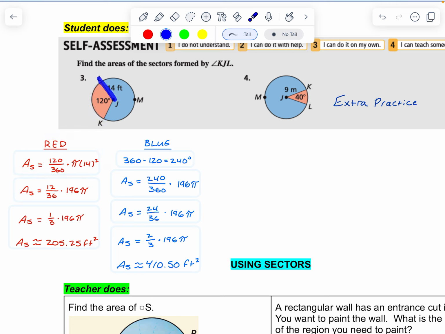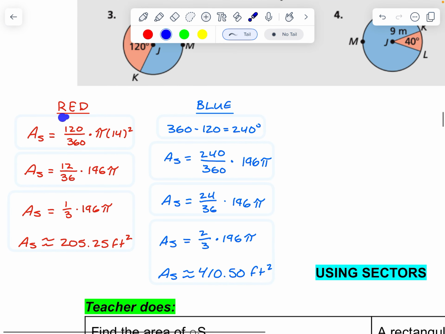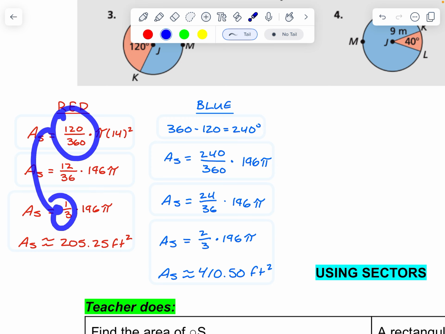My radius is 14, so pi times r squared would be pi times 14 squared. This reduces to 12 over 36. 14 squared is 196, and I just multiply that to pi. 12 over 36 reduces even further to 1 over 3. If you're just working in Desmos and you put that, you'll get 1 over 3.